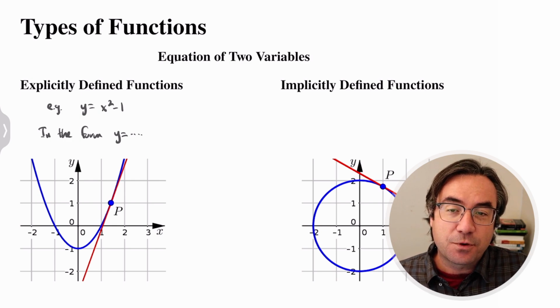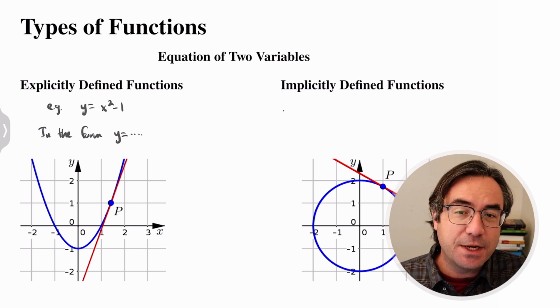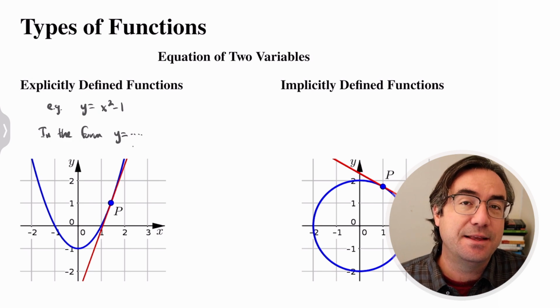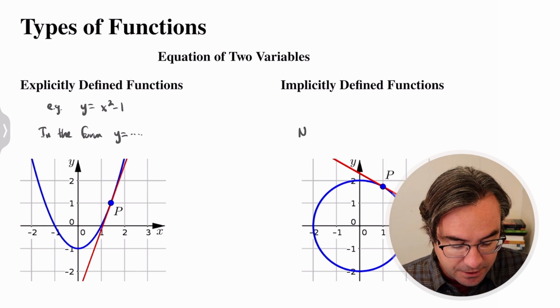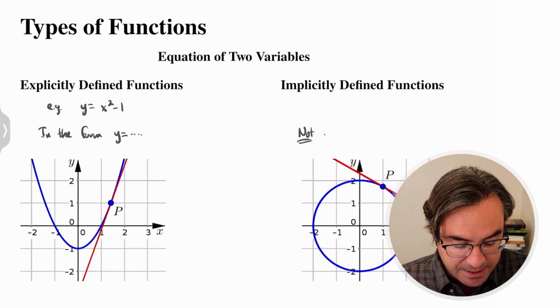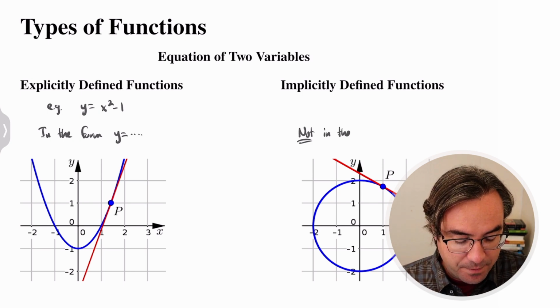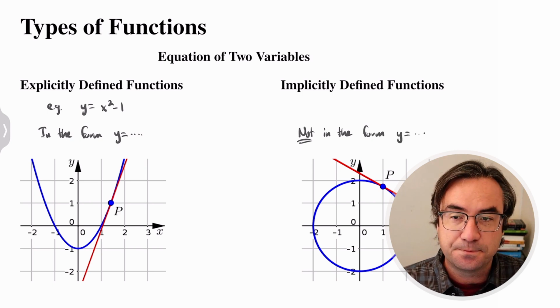Well, if we're considering equations involving two variables, we can have equations that are not in the form y equals. And those we're going to consider as implicitly defined functions. The idea here is these are not in the form y equals.